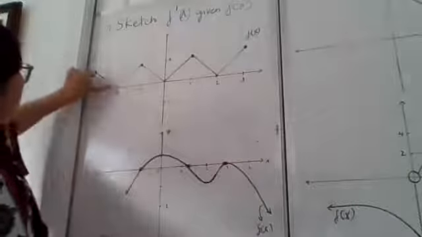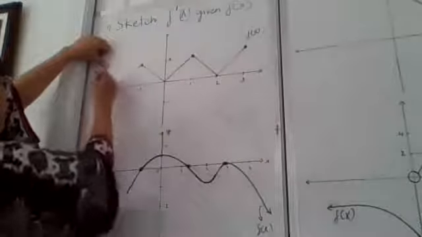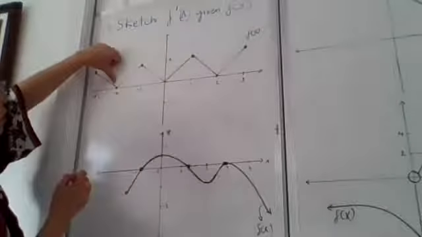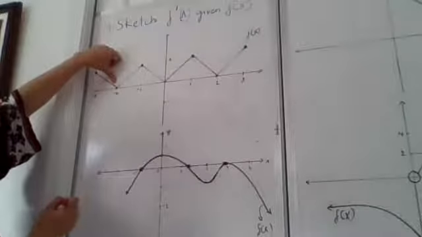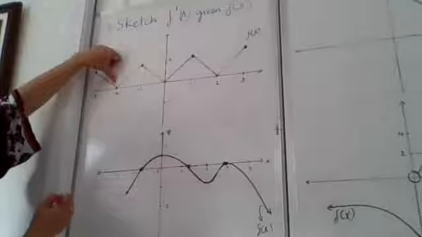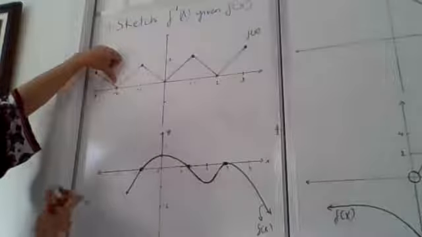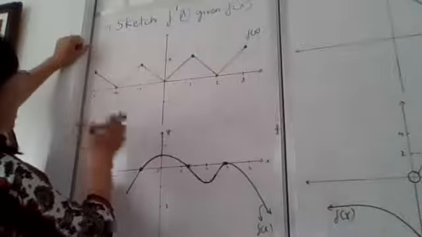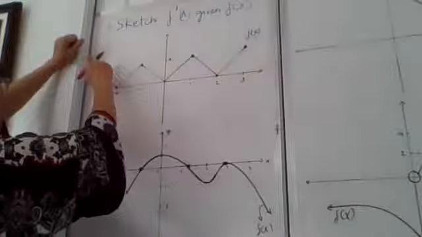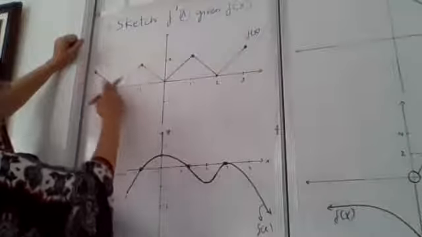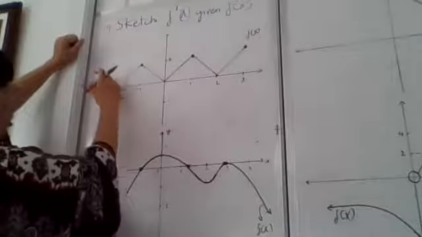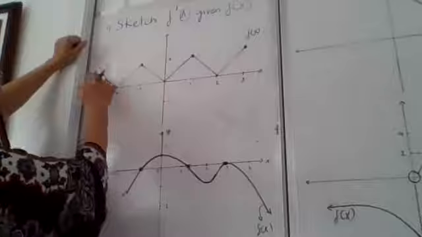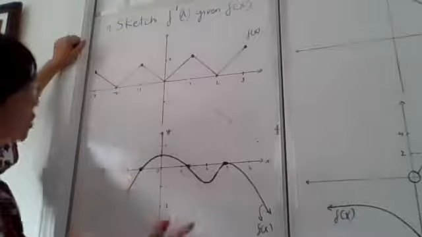So if you look at the first segment of this linear, this is a negative slope. So based on that, we know that our derivative function will have a negative slope. Also, we pay attention to the shape of it. Linear has a constant slope, and it only has one slope.